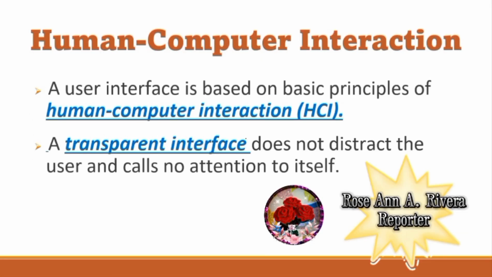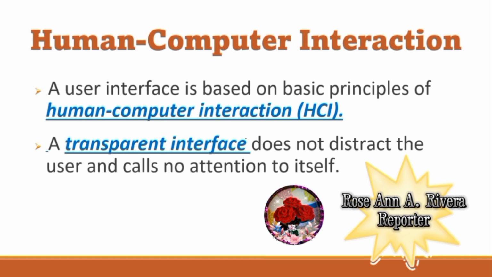Human-computer interaction. A user interface is based on basic principles of human-computer interaction, or HCI. A transparent interface does not distract the user and calls no attention to itself. HCI is all about how people interact with computers.